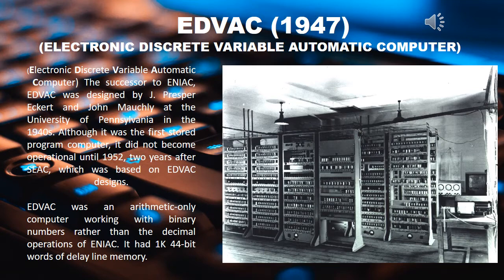Although it was the first stored program computer, it did not become operational until 1952, 2 years after SEAC, which was based on EDVAC designs. EDVAC was an arithmetic-only computer working with binary numbers rather than the decimal operations of ENIAC. It had 1K 44-bit words of delay line memory.